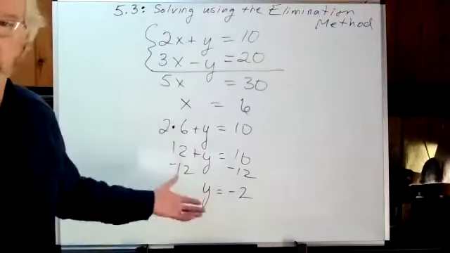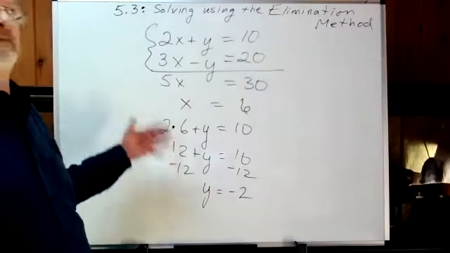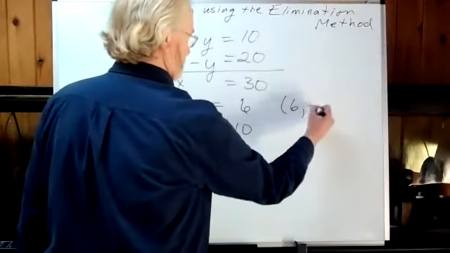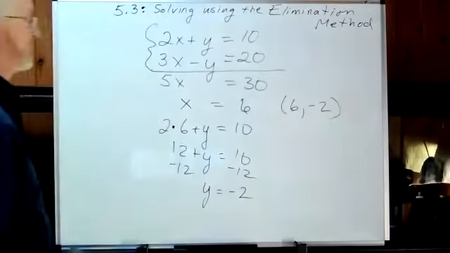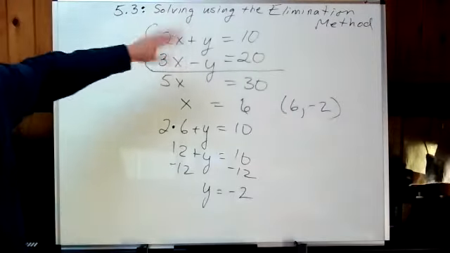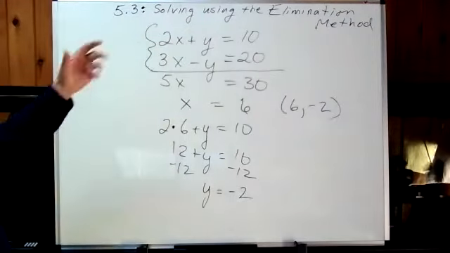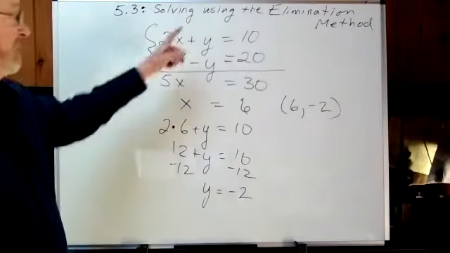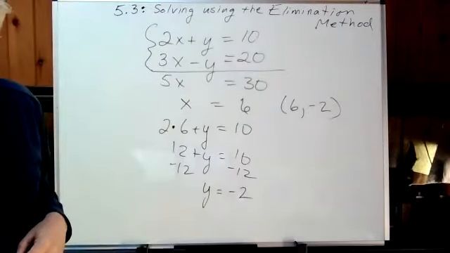That's just like the substitution method. Second step or last step, find the other variable. My ordered pair is (6, -2). The process, though, was all up here. What I did by adding the two equations together, when the numbers were just right, I got the y to go away.